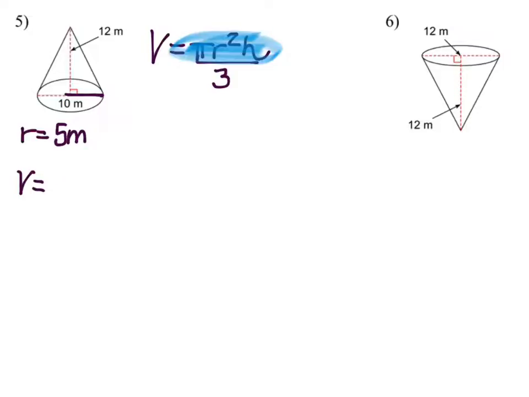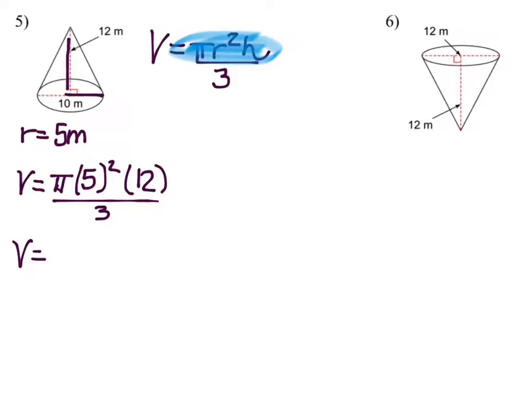So we have volume equals pi times 5 squared times the height, all divided by 3. Follow order of operations, do your 5 squared first, and then multiply it by 12. If you do this, we get 300 pi over 3.